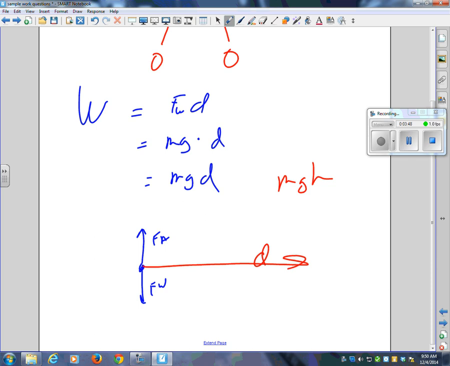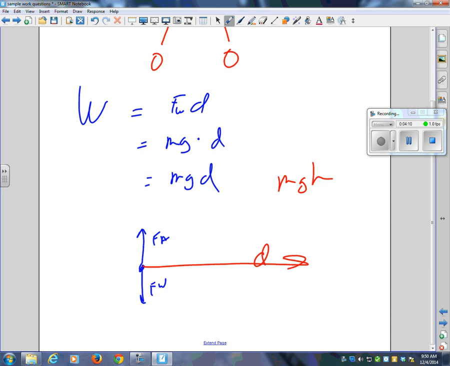What about circular motion? Is the d distance or is the d displacement? Distance. Well, second of all, let's go back to uniform circular motion. Which direction is the force?